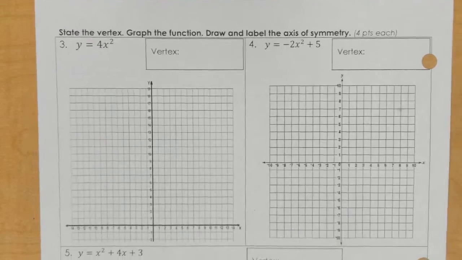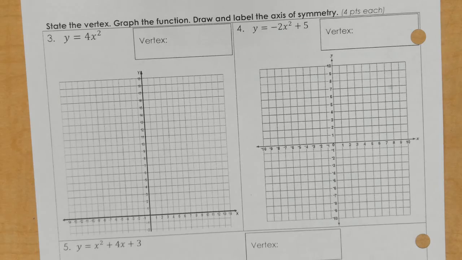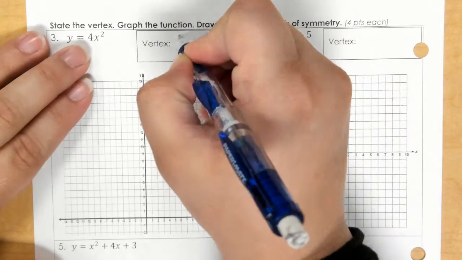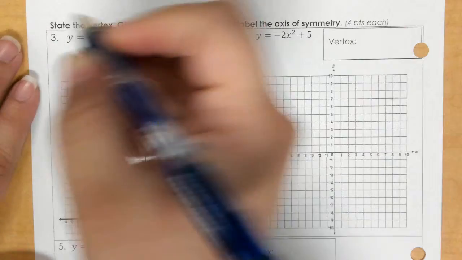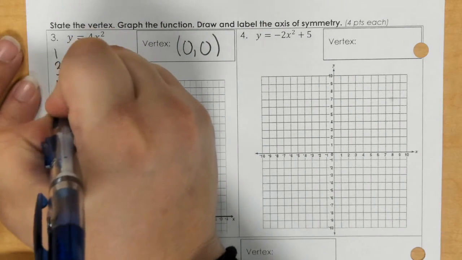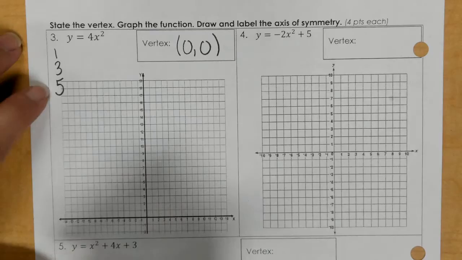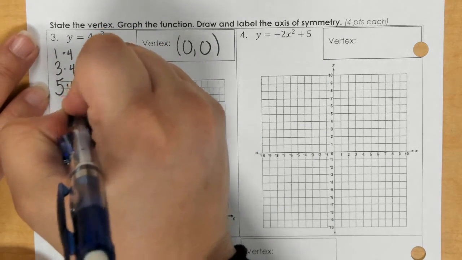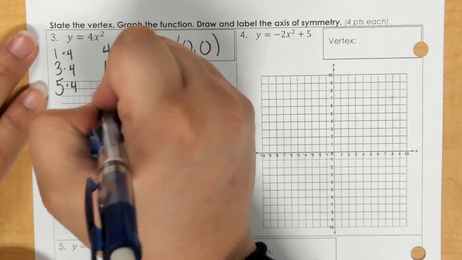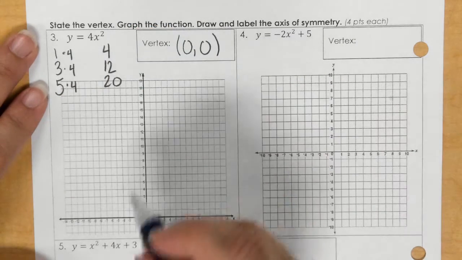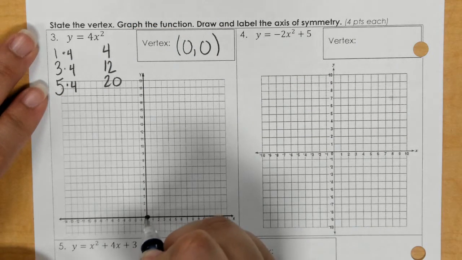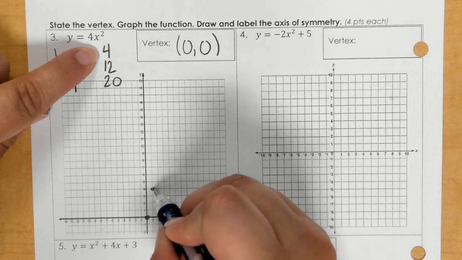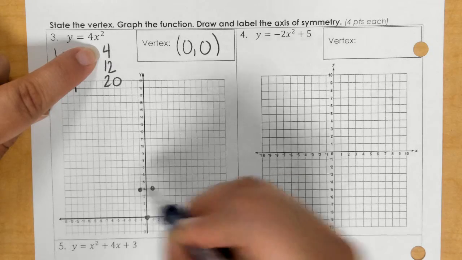Okay, on the back, for number 3, you only have one term. One term means that your vertex is 0, 0. And you do 1, 3, 5. We multiply by the a value, which is 4. So that's 4, 12, and 20. So starting at 0, 0, I'm going to rise 4, run to the right 1, run to the left 1.